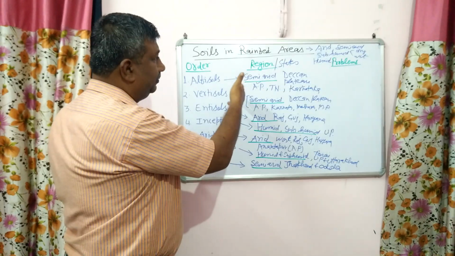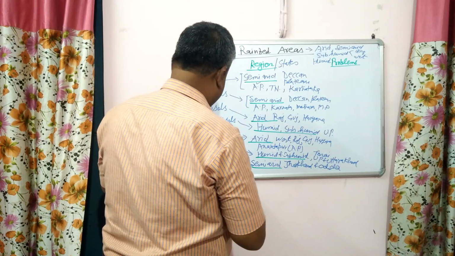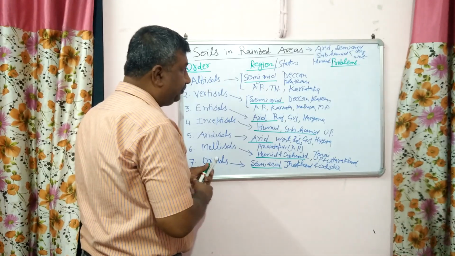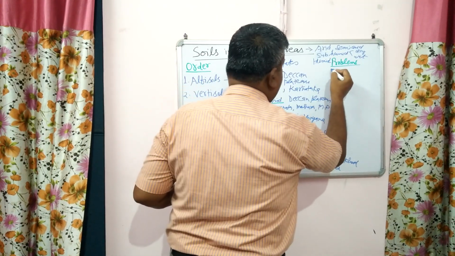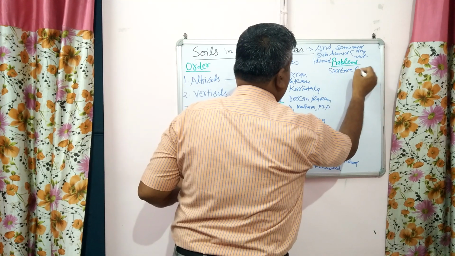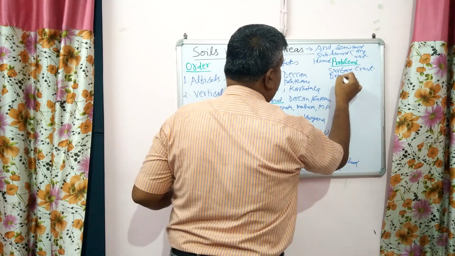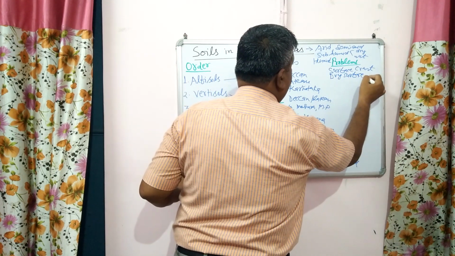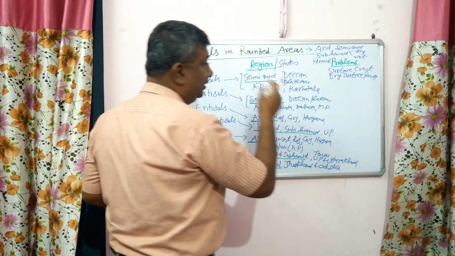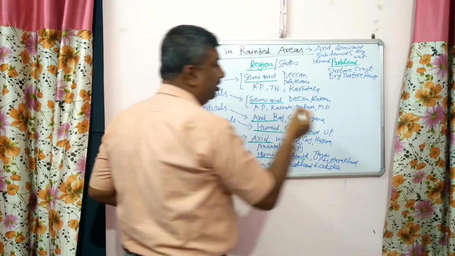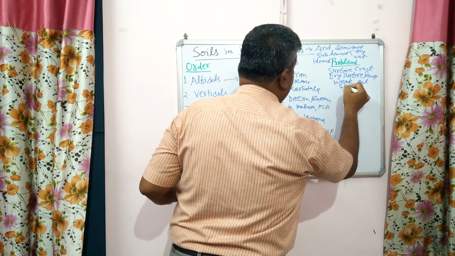Now what are the problems in these soils? You see in alfisols, the problem is crusting. Surface crust is a very common problem. The surface becomes dry, the surface becomes hard. Then there is weak soil structure, so weathering is there, leaching is there.